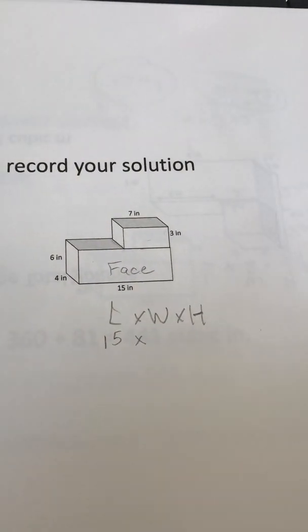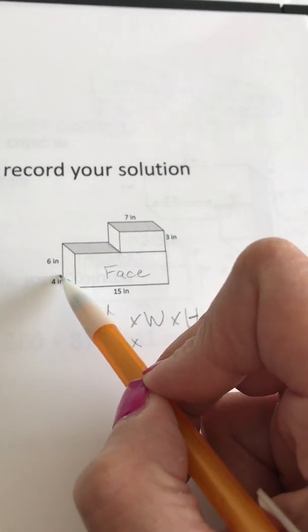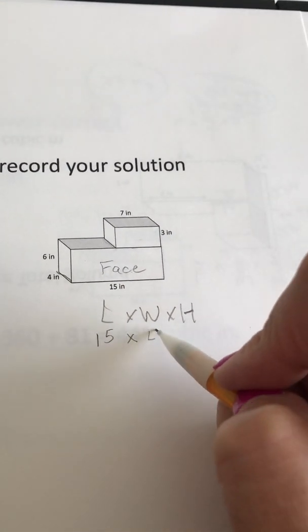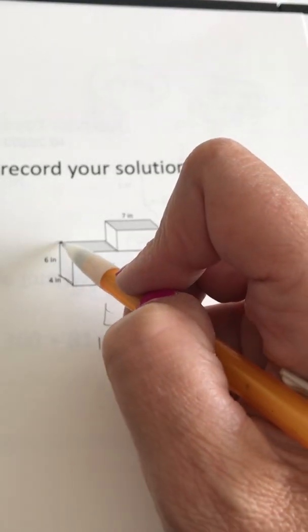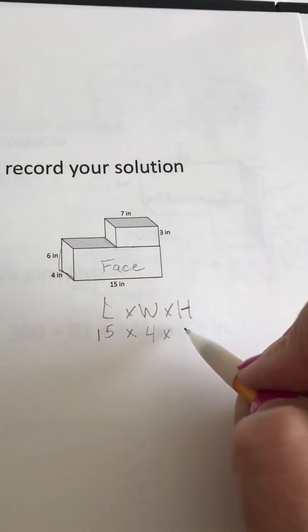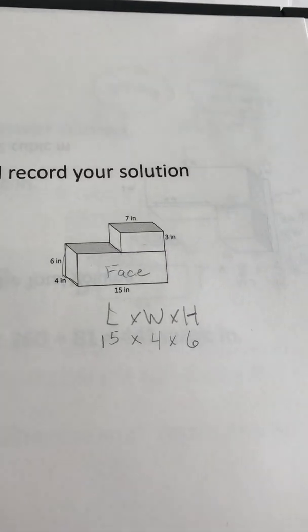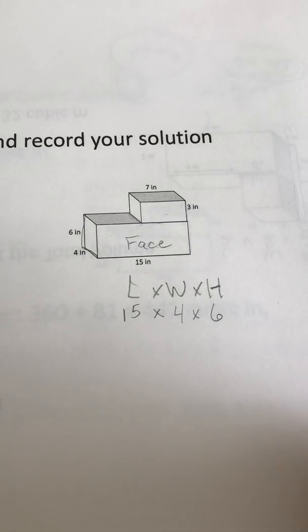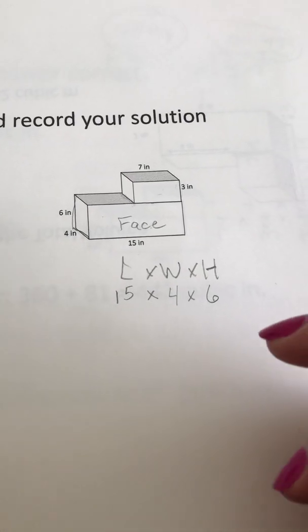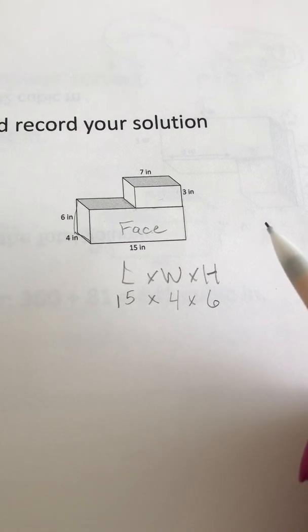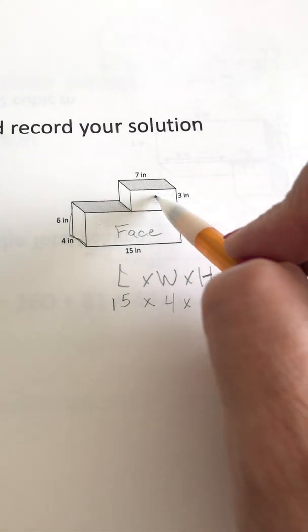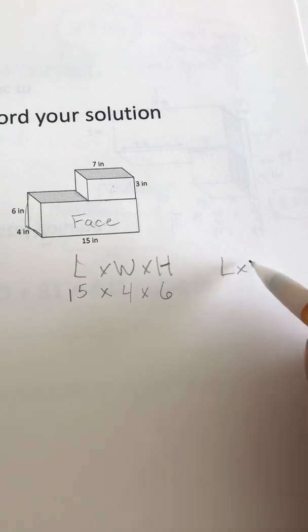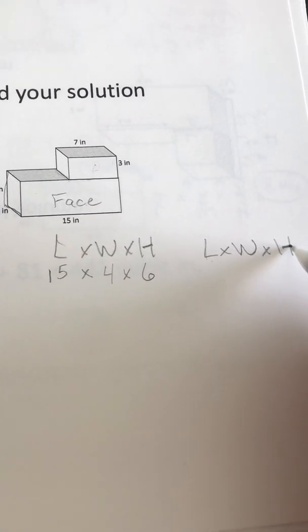Your width is 4. And your height is 6. Look at the top box. Length times width times height.